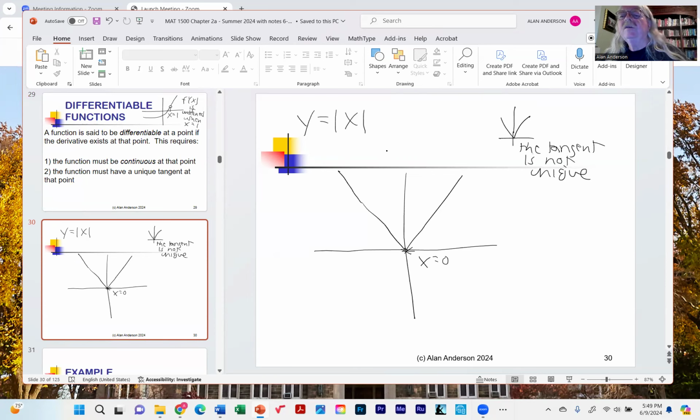Actually, a better way to explain that would be that normally, if you're finding the tangent at a single point, the tangent just slightly to the left of this point and just slightly to the right of that are quite similar. That's not true here. In other words, from the negative territory to the positive territory, the slope quickly changes from -1 to +1.